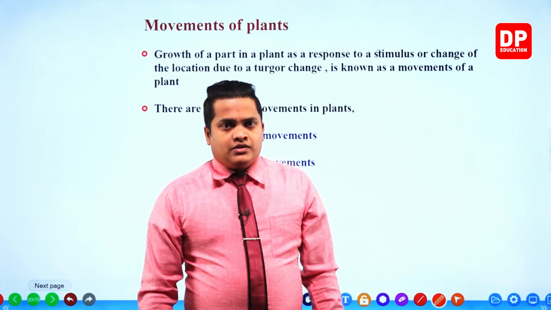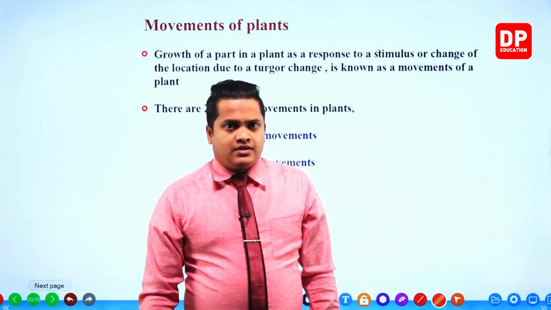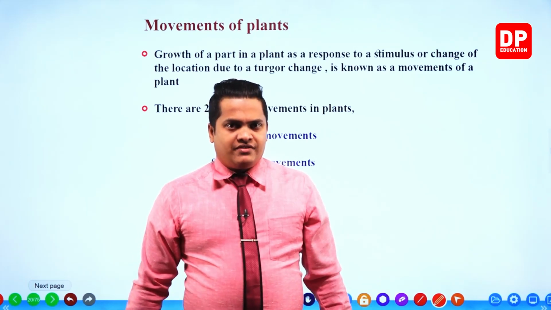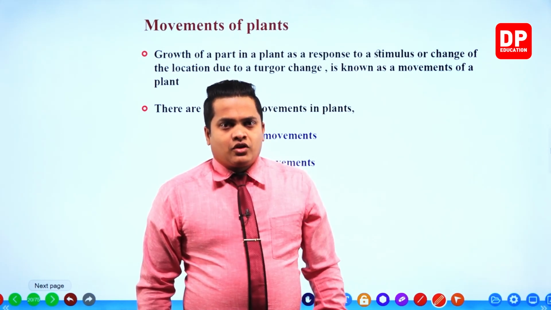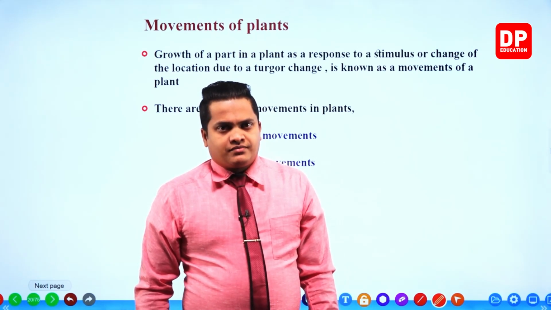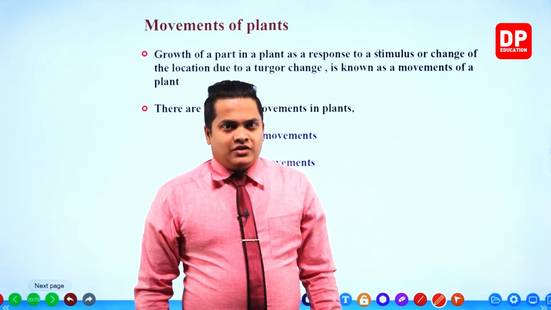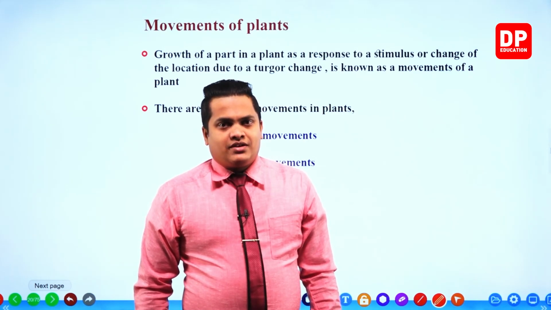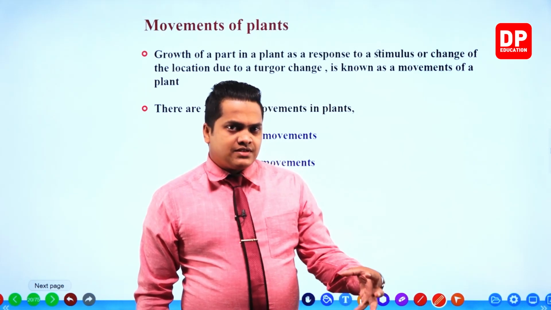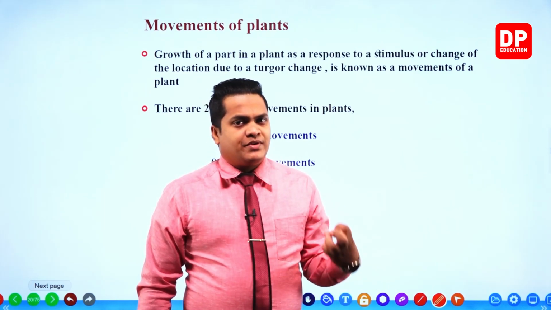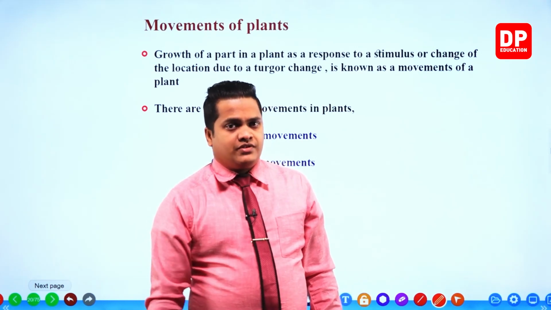So the stimulus is receiving light, and growth is the response given. Growth of the apex is the response given. When light is received, the apex is growing. So in a plant, my dear children, growth of a certain part is going to occur because of a certain environmental change or because of a stimulus. So that's the first type of movement which you can observe within the plants.